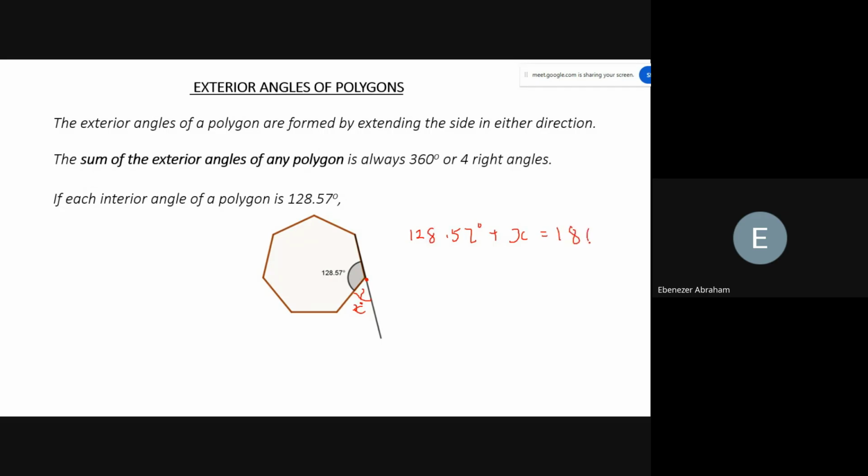You make x the subject, so x is 180 degrees minus 128.57 degrees, and the x is going to be 51.43.